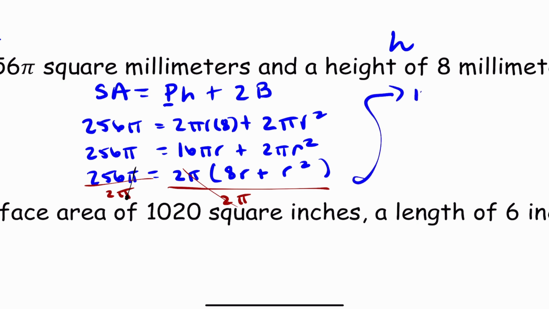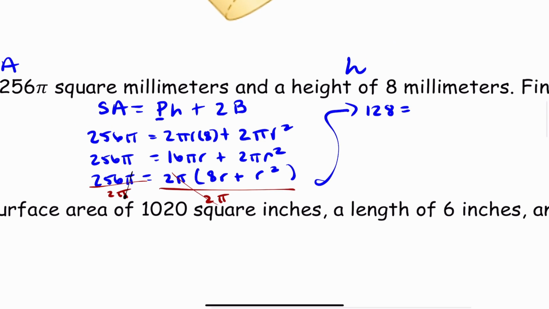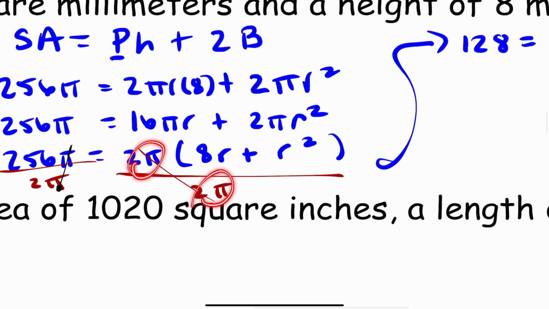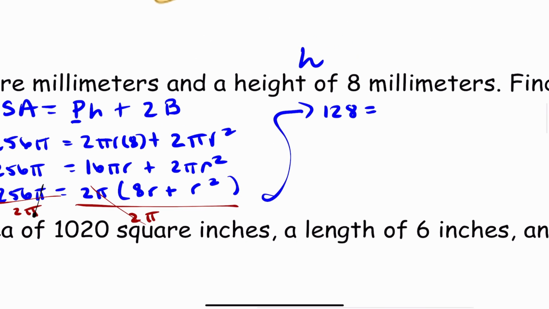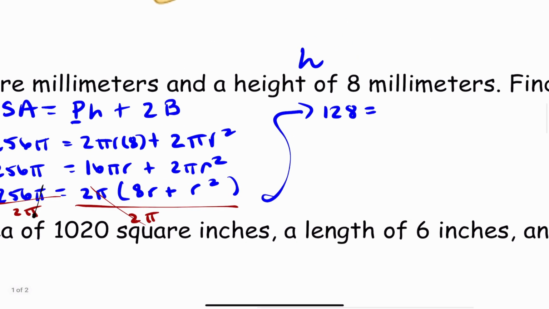So this is 128, which is equal to, and these 2 pi's cancel, so we have that quantity left on the right side. And in fact, I'm going to rewrite it as r squared plus 8r.